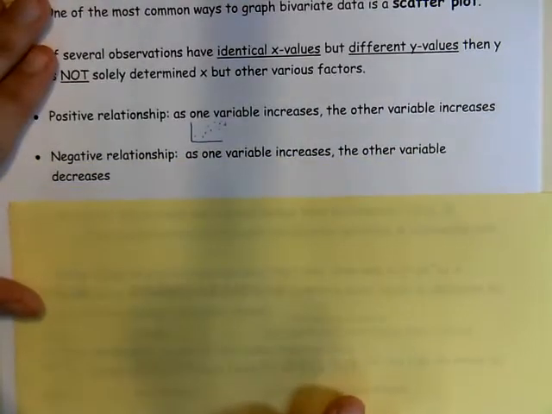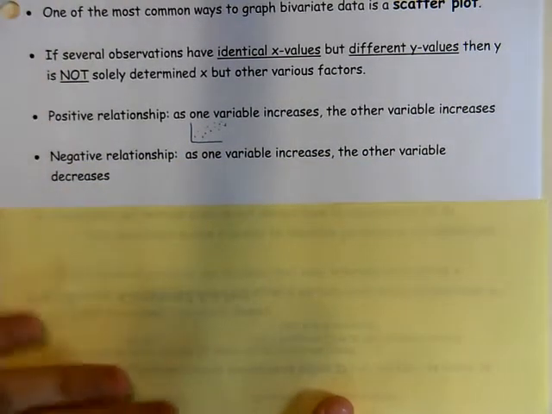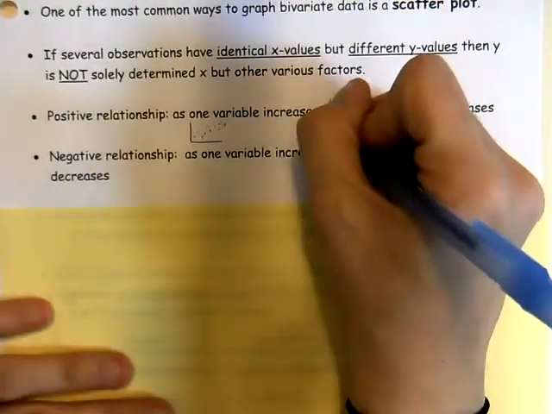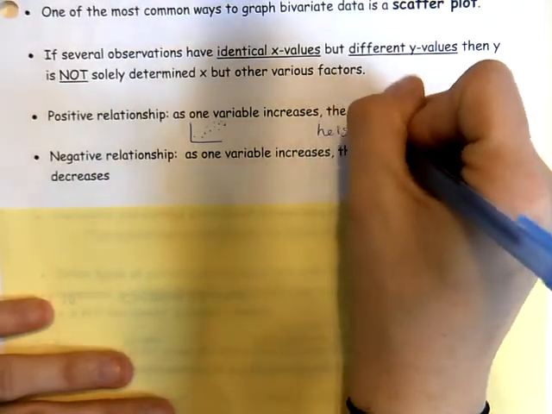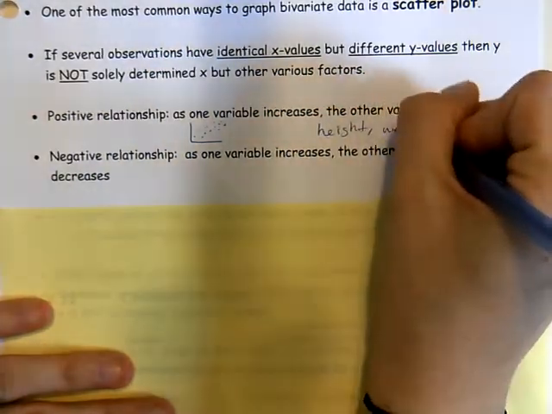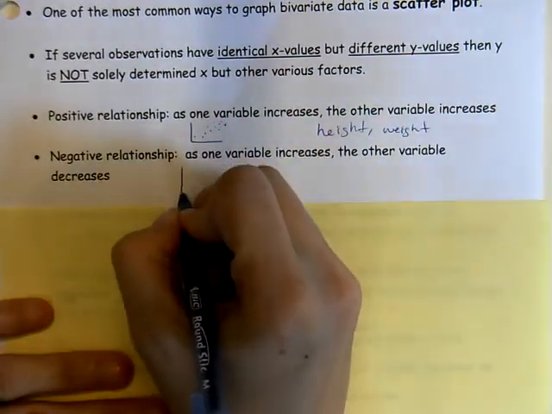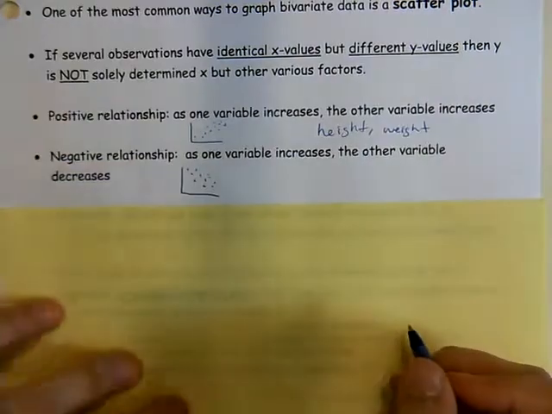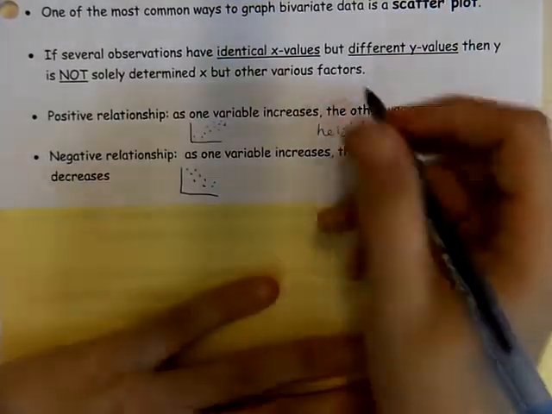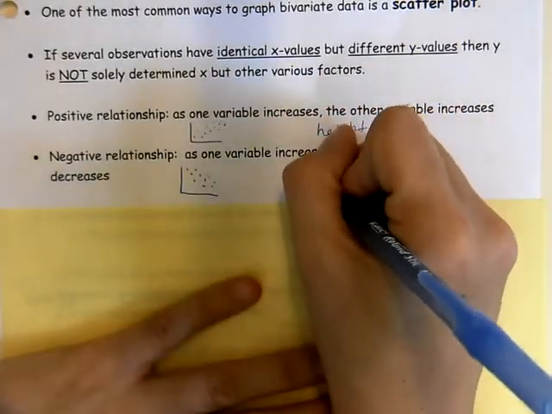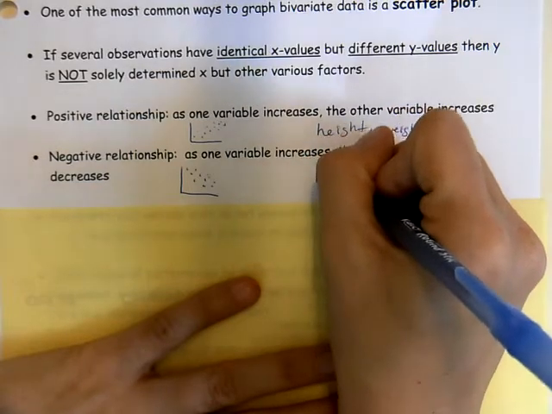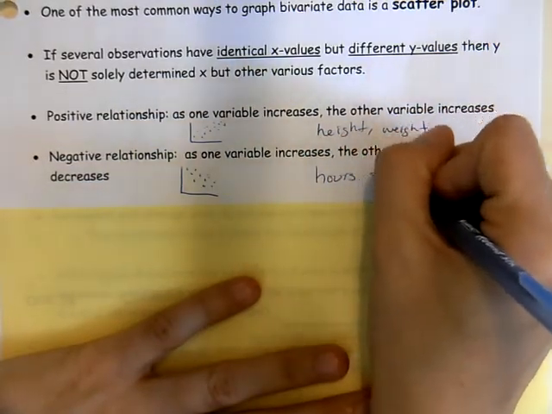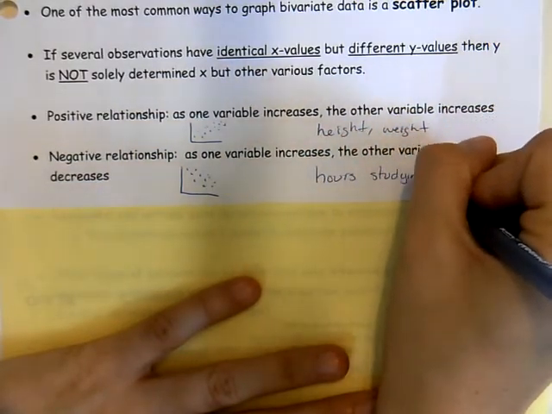A negative relationship: as one variable increases, the other variable decreases. Again, for positive, I always think height and weight. Negative would be as one variable increases, the other variable decreases. You could think of hours studying.